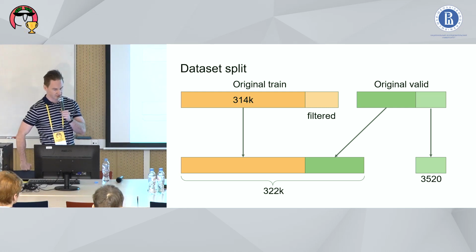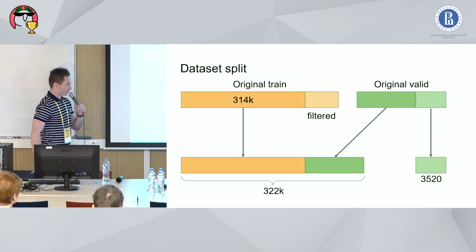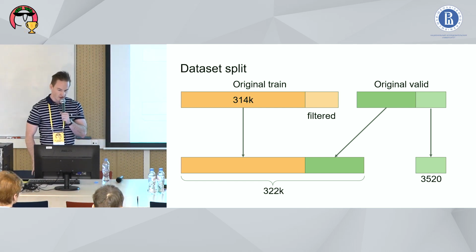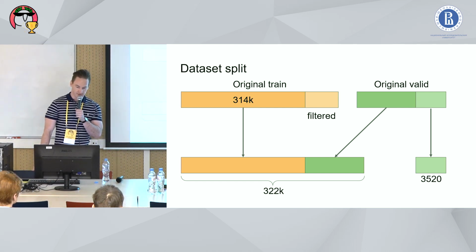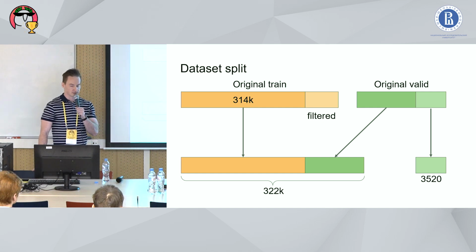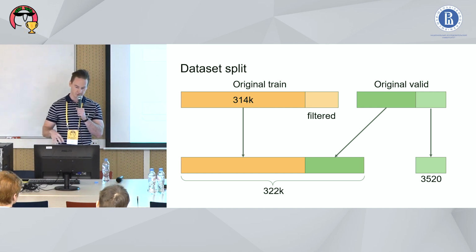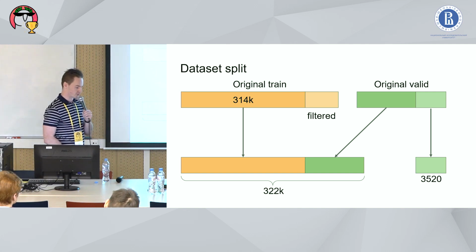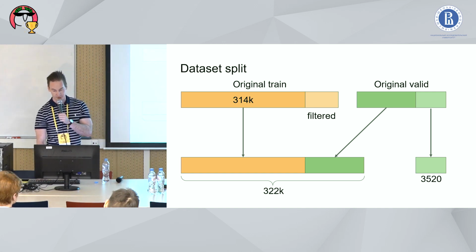The second one is the dataset split. It was very clever, actually. We have the original train set, and after filtration we have a clean part of this train set. To increase the amount of clean data, I added part of the validation set to the train set, because the description of this dataset said that the validation set has cleaner annotation than the train set.